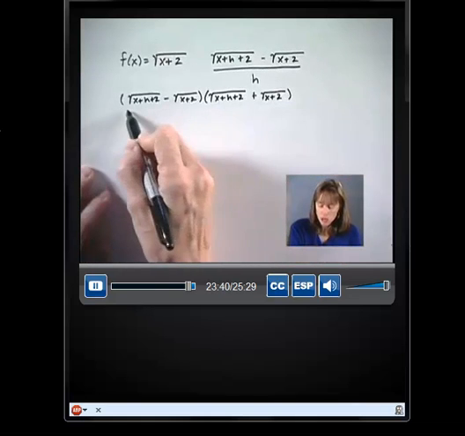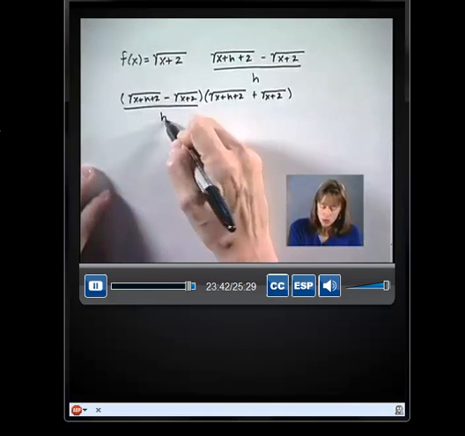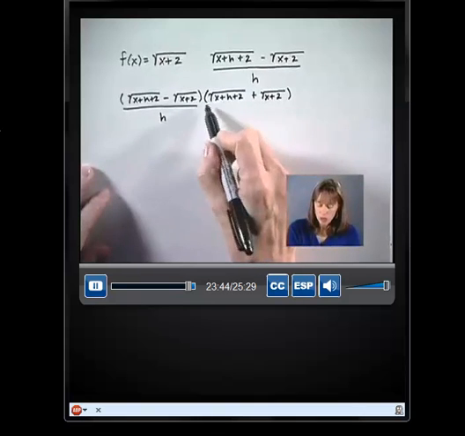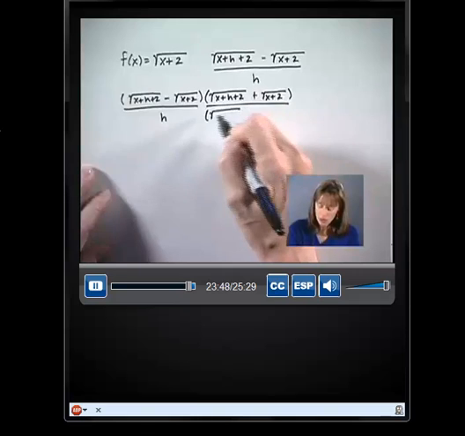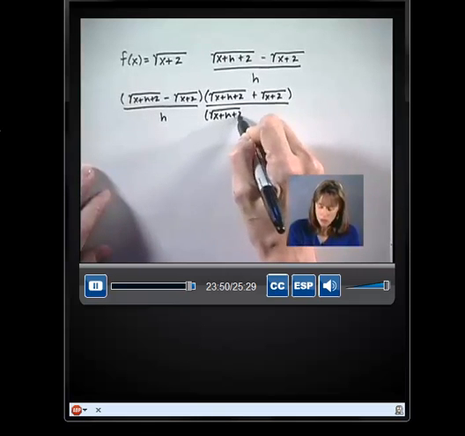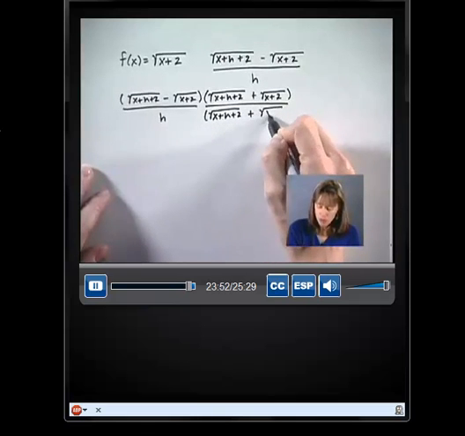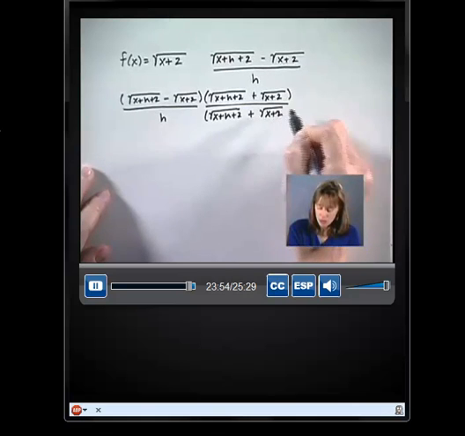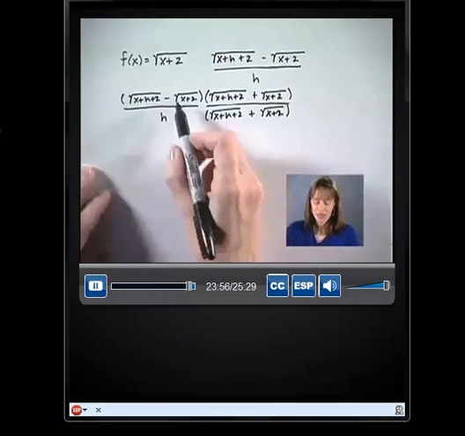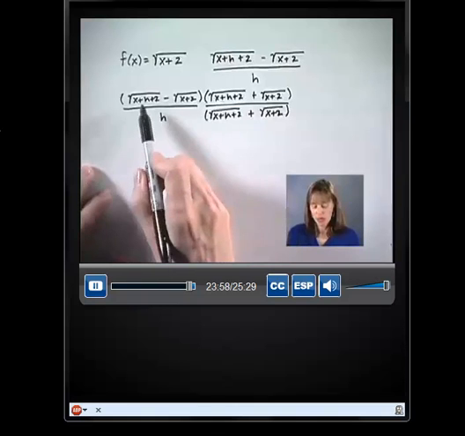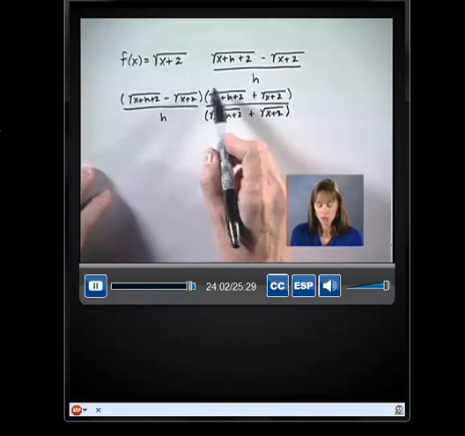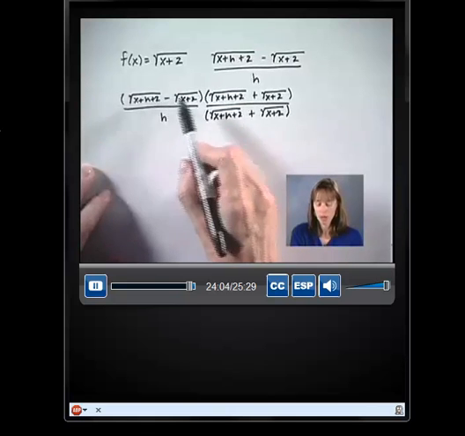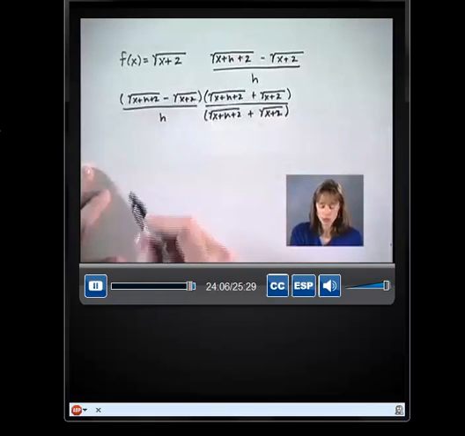But as with any fraction, this is over h, recall. We can't just multiply the numerator by some quantity, so we multiply the numerator and the denominator by the same quantity. So we're multiplying by 1. Now what happens in the numerator as we multiply things out is we end up with the square root of x plus h plus 2 squared minus the square root of x plus 2 squared.